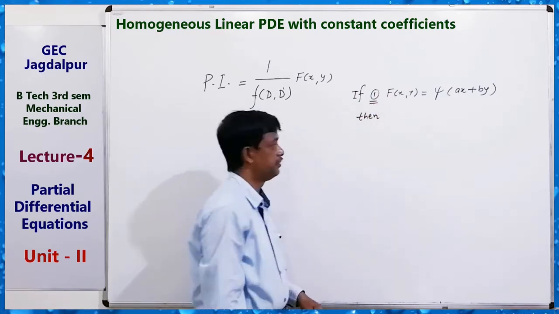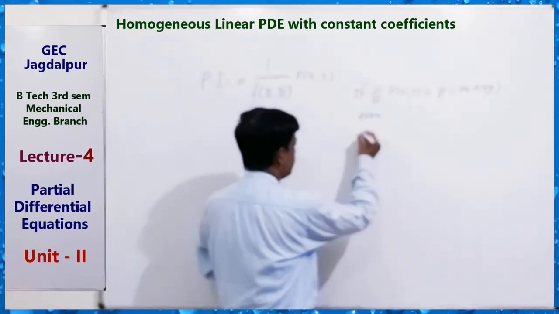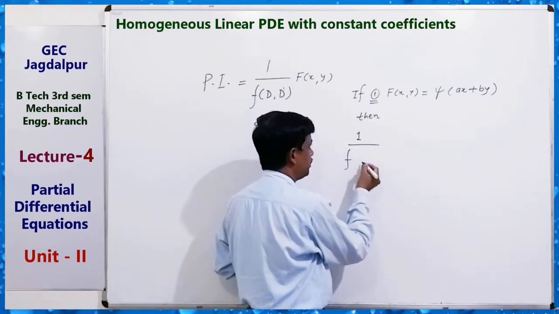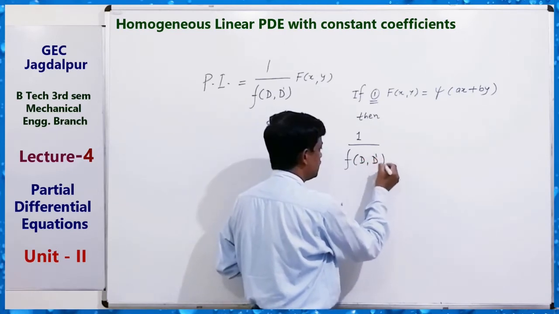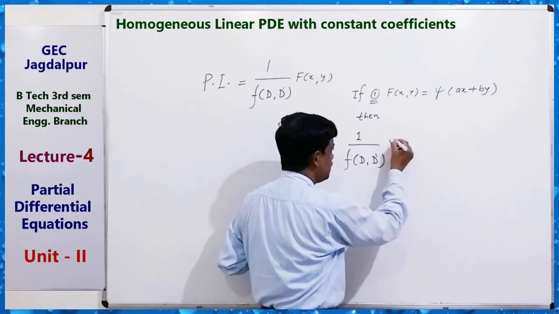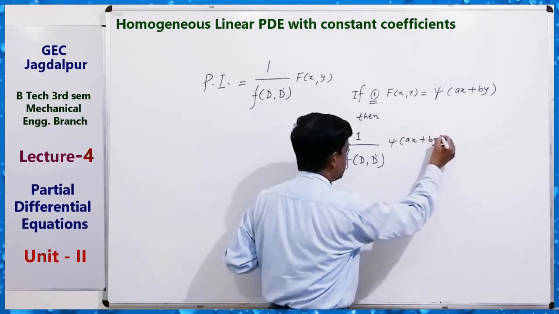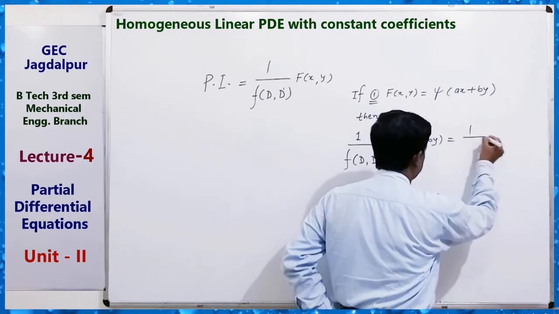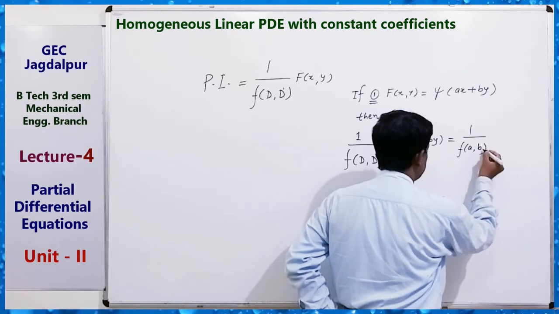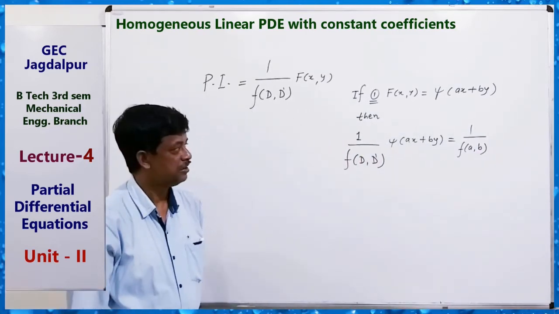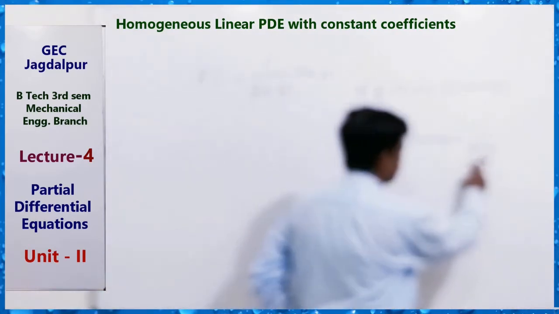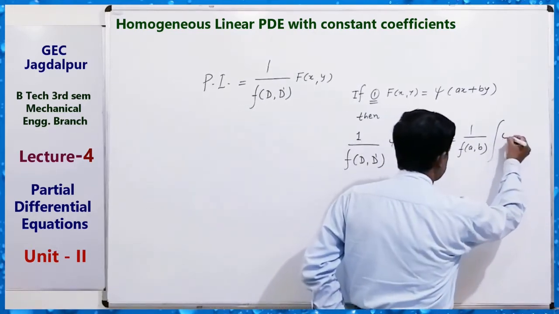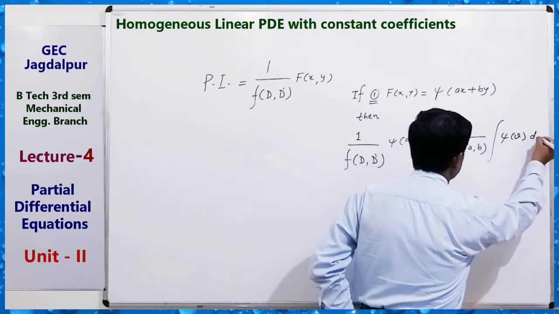first, 1 upon f(D, D dash) psi(ax plus by) equals 1 upon f(a,b) times the integration of psi(v) dv.